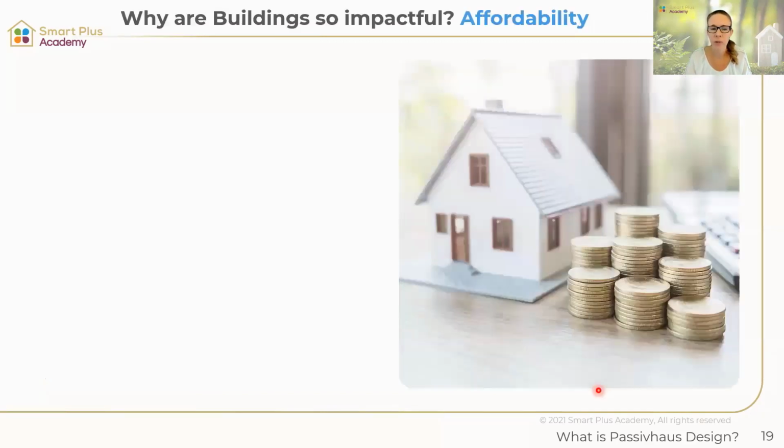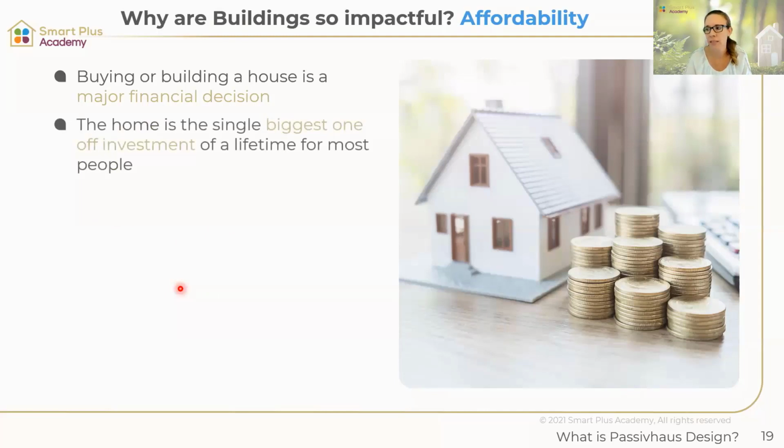Now we want to have a brief look at affordability, on the money side of things, because that's also always a big question that people have. As a background, buying or building a home is a major financial decision, and it's the biggest one-off investment for most people of a lifetime.